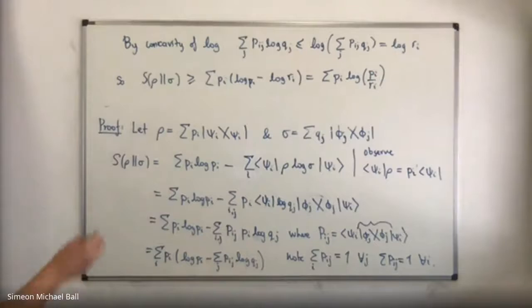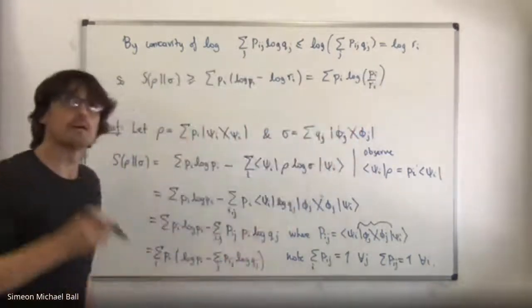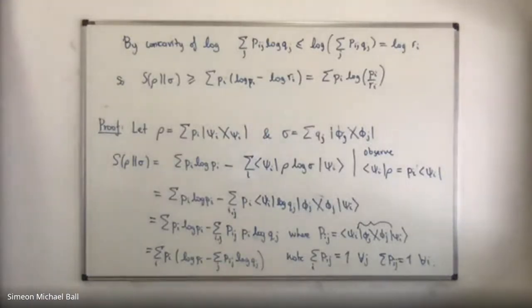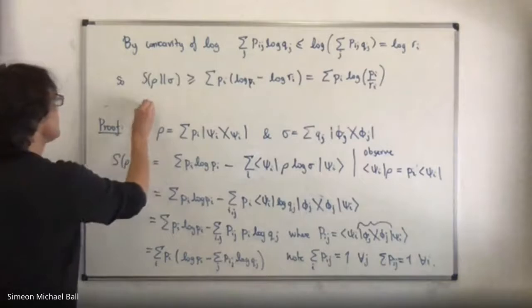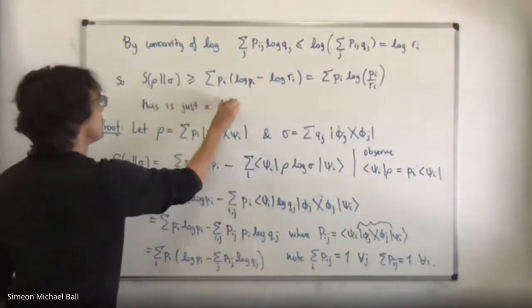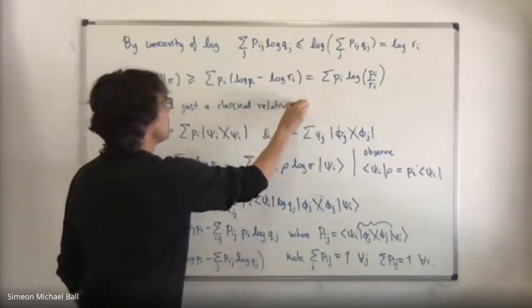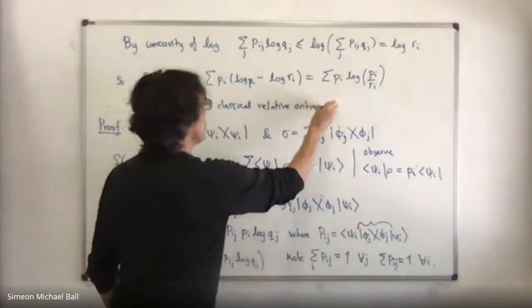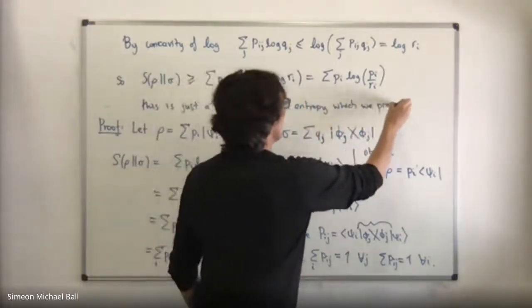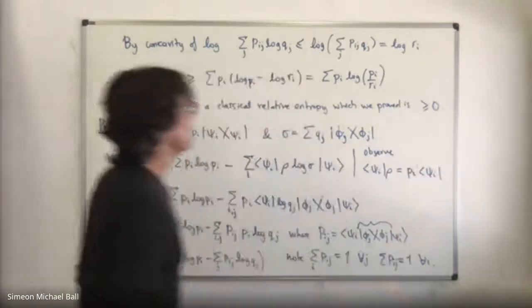But we already proved this, and now what we've got is a classical relative entropy. So we proved that this is just a classical relative entropy, which we proved is greater than or equal to 0.